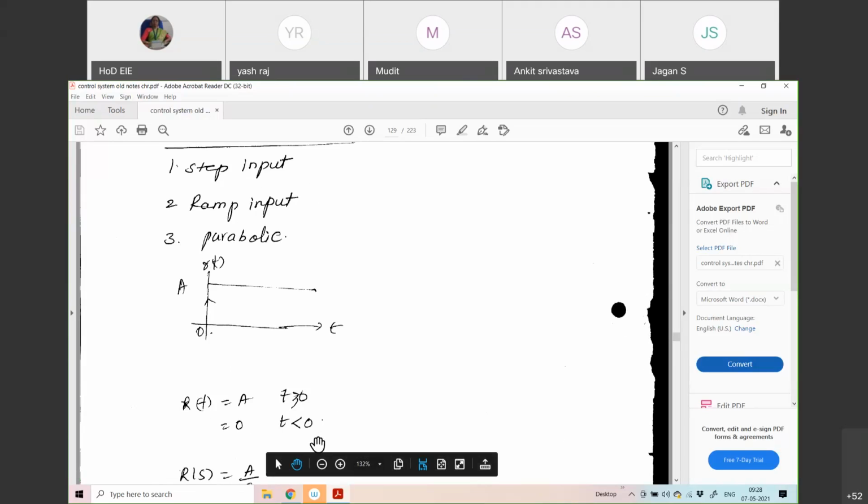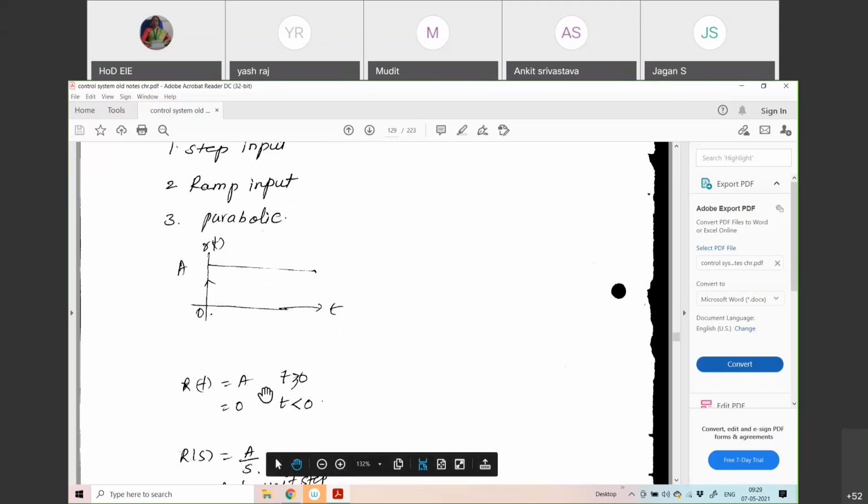If I want to find the Laplace transform of that, then R of S is given as A by S. This is also known to you. In case of amplitude A, if I take the amplitude as 1, then I call it a unit step input.